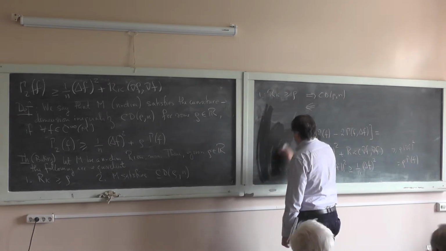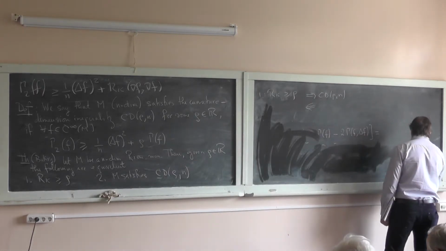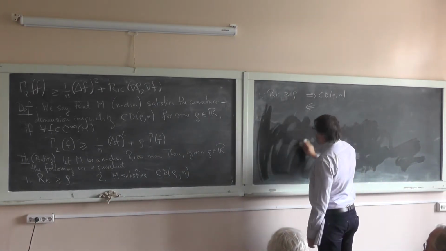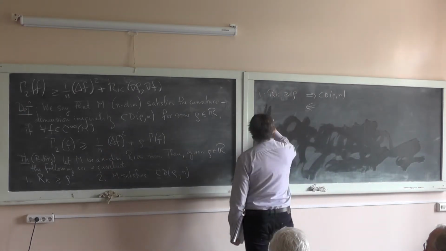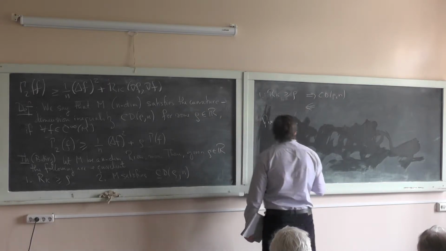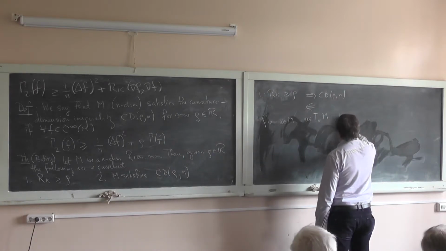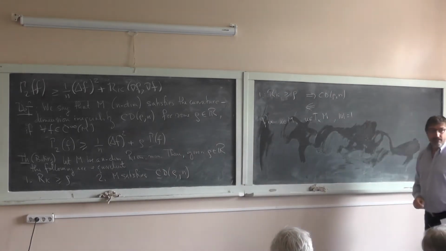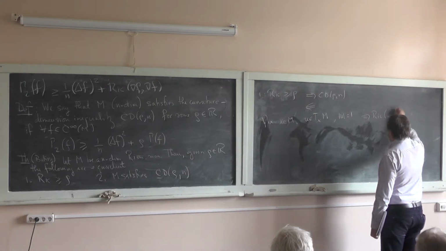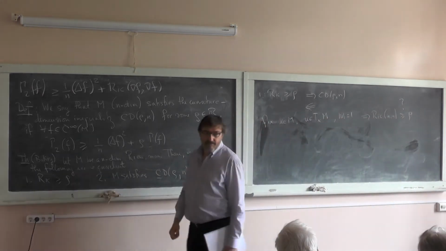We need to show that for any fixed x in M, and let's take a vector u in the tangent space, let's suppose that this is length 1, it's not restrictive, then we need to show that Ricci of u is bigger than or equal to rho. This is what we need to prove. Okay?